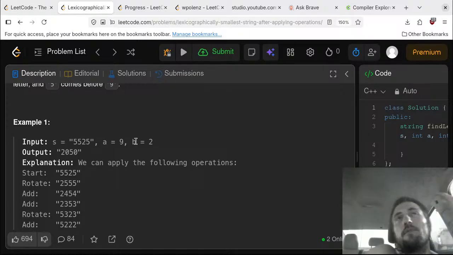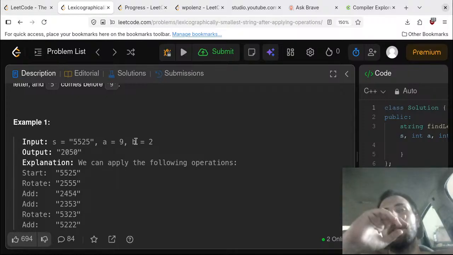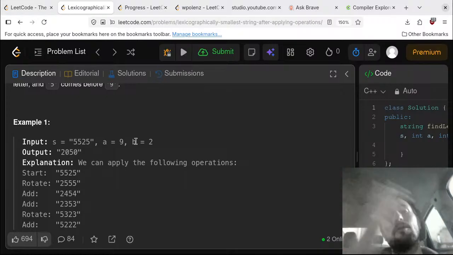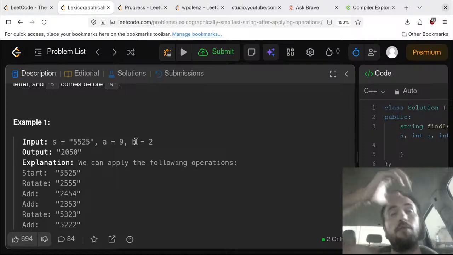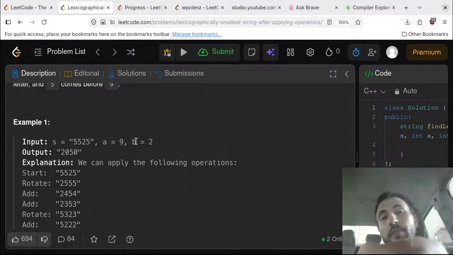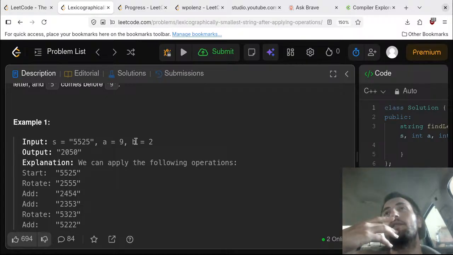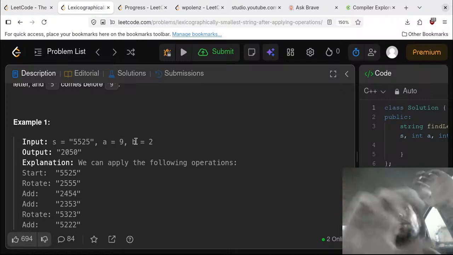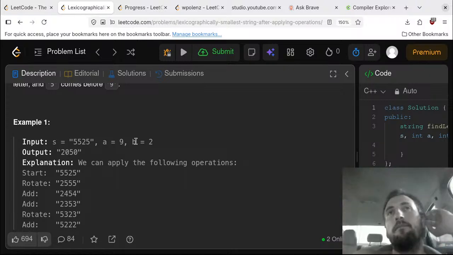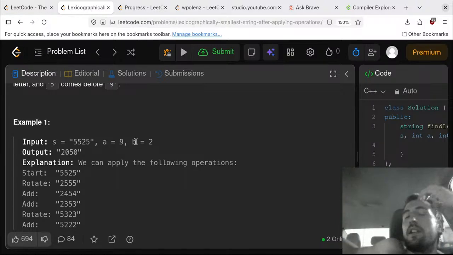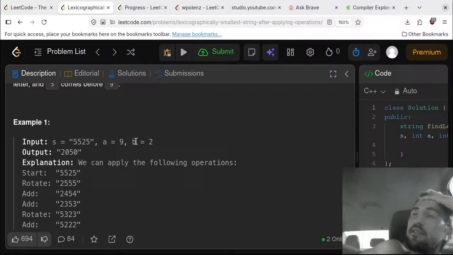In other words, if you had a string of all the same character, any rotation point there is going to be as good as any other, but you wouldn't know which one's the best, because somewhere in that string there could be another character like an X. If it's all A's and an X somewhere in the middle, you'd actually want to rotate that X all the way to the right side. It's not as easy as just sorting these things. Ideally you could just sort this, but it doesn't work like that.